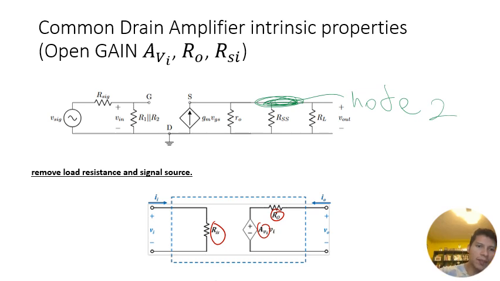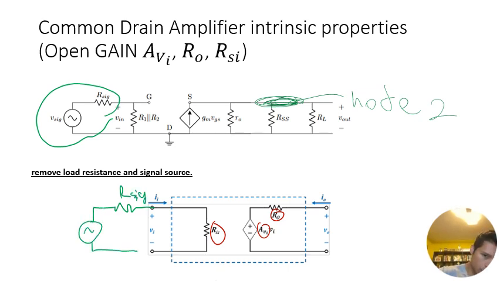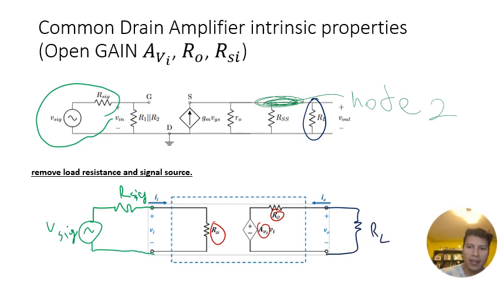Remember that R_sig and V_sig are what would be connected here, and additionally on the other side, R_load is what would be connected here, with V_out. So when we compute RIS and R_out, we are going to treat this as an open and remove these two from our circuit.